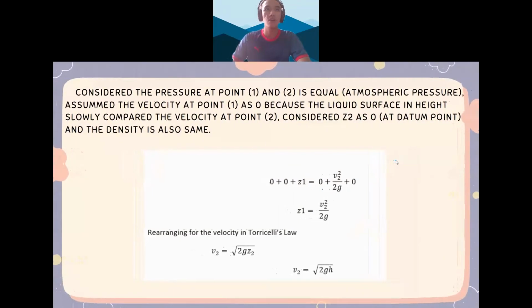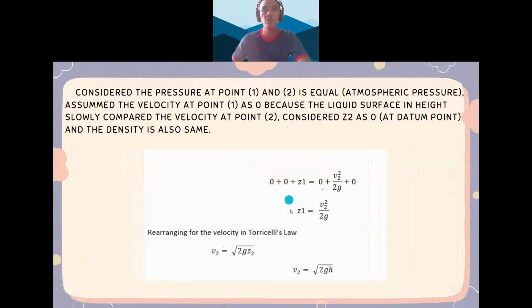After we consider the pressure at point 1 and point 2 is equal, which is atmospheric pressure, we assume that the velocity at point 1 is 0 because the liquid surface is large compared to the velocity at point 2. Consider Z2 as 0 at the datum point and the density is also the same.